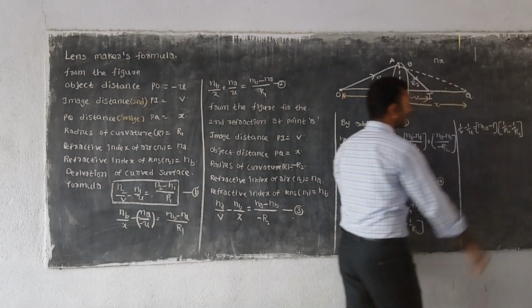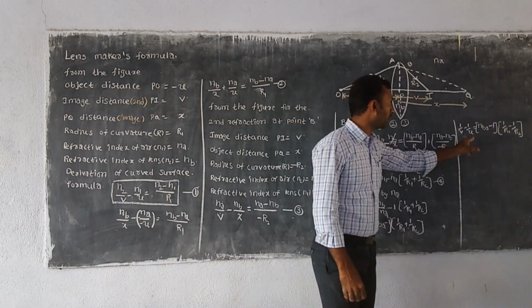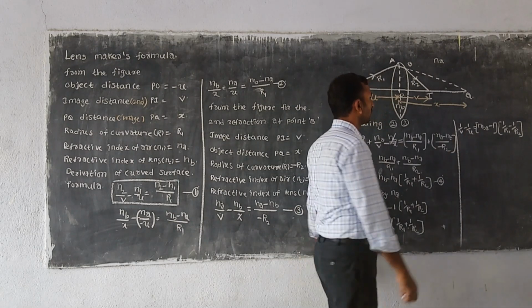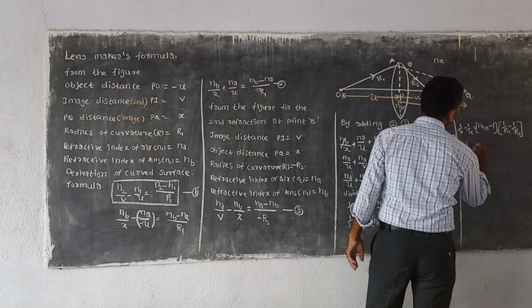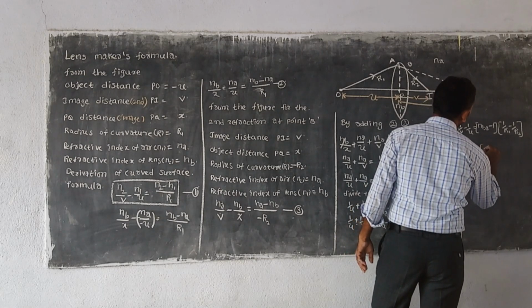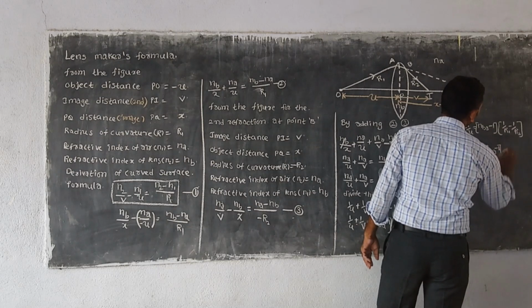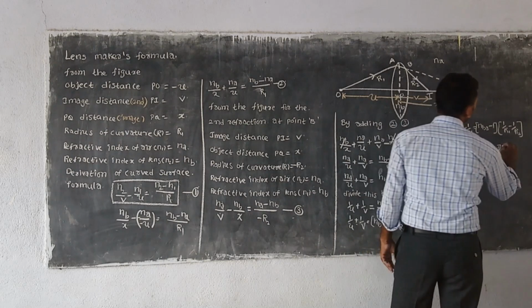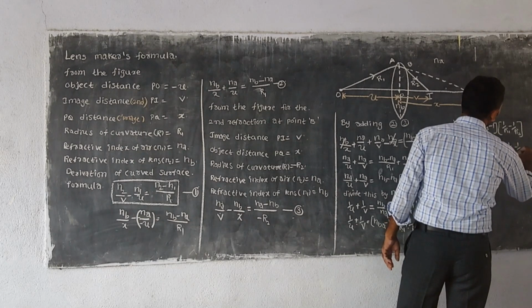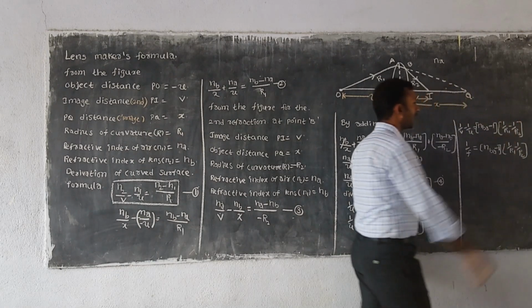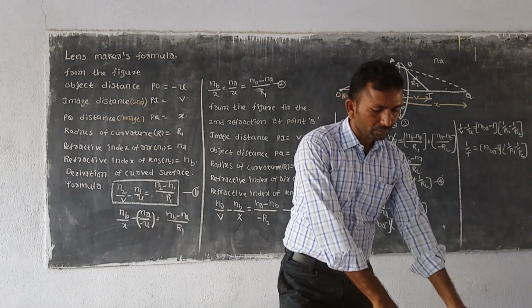And from the lens formula we know the value of 1 by V minus 1 by U is 1 by F. So 1 by F equals NBA minus 1 into 1 by R1 minus 1 by R2.